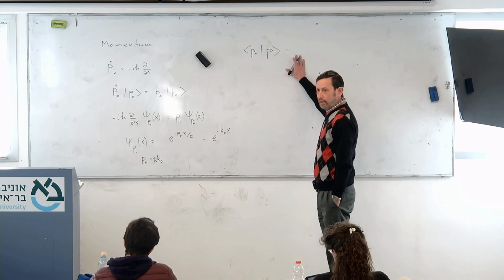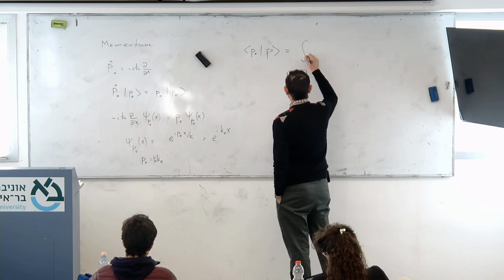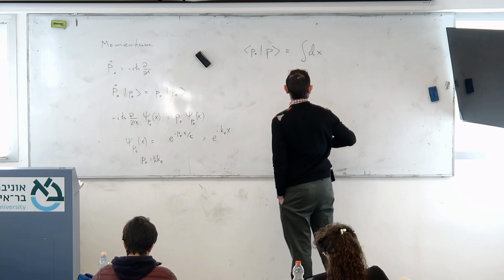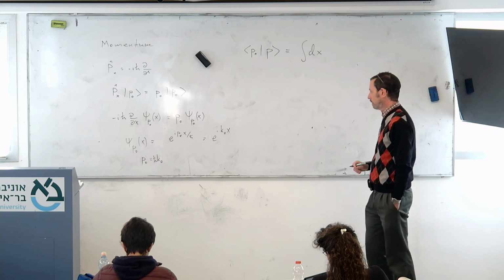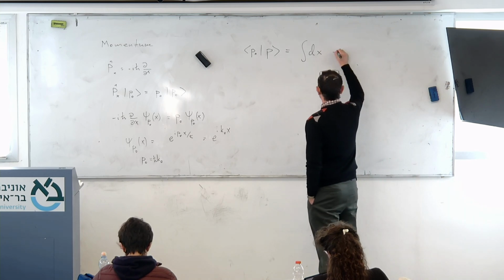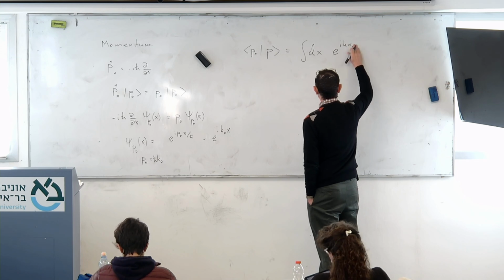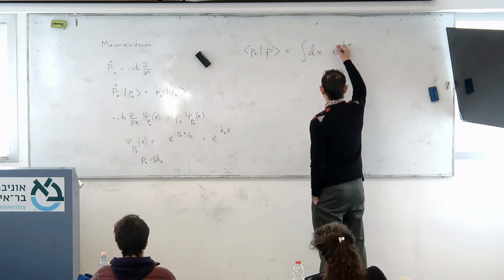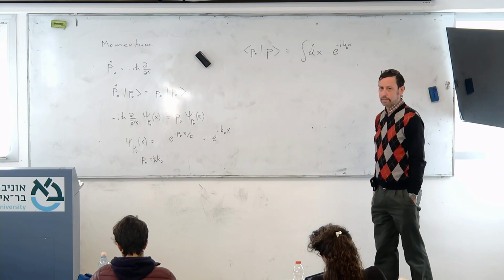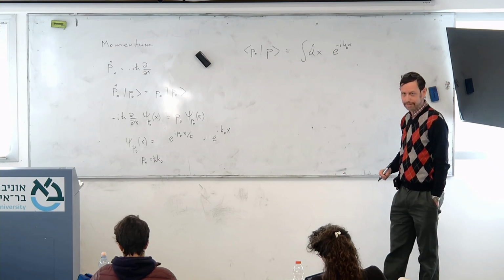Okay, so I'm going to perform the scalar product of p0 and p. Minus, because it's on the left side, it's a complex conjugate.